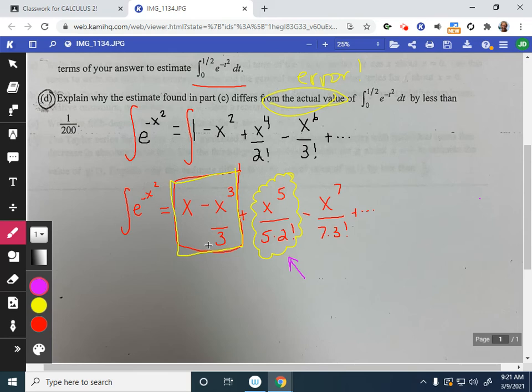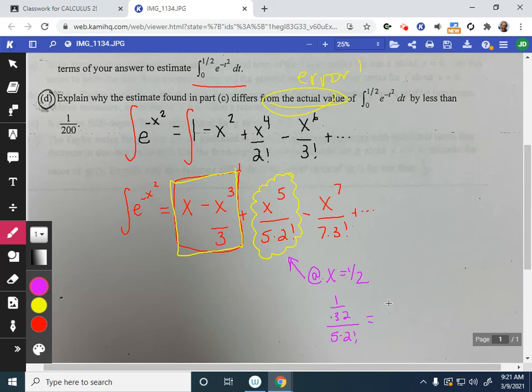Okay. So that last number, the 11/24, was the approximation for the function at 1/2, basically, even though it was still the integral, it was still from 0 to 1/2. So now I'm going to be finding this at 1/2. Plug 1/2 into this, I'm going to have 1/32 over 5 times 2 factorial.